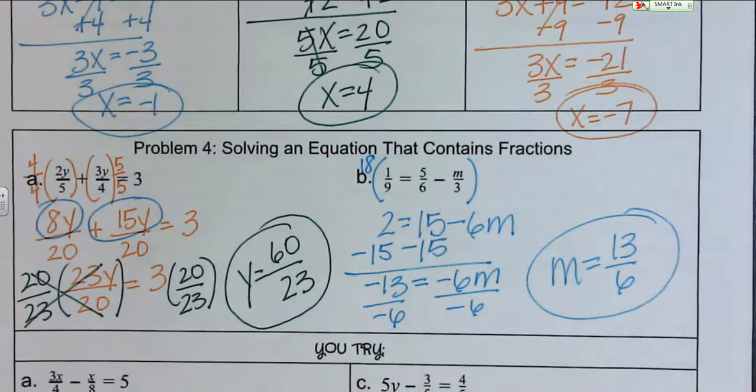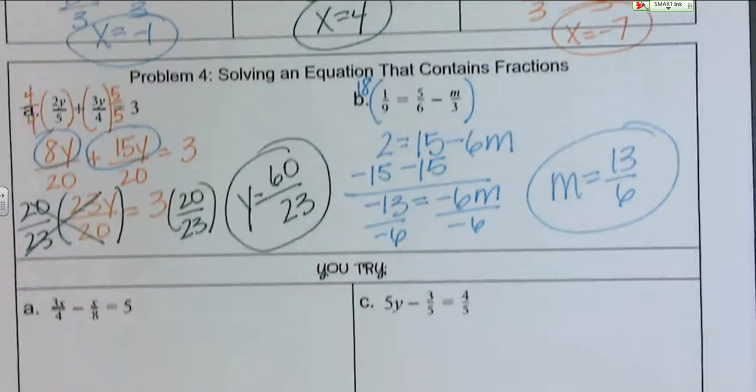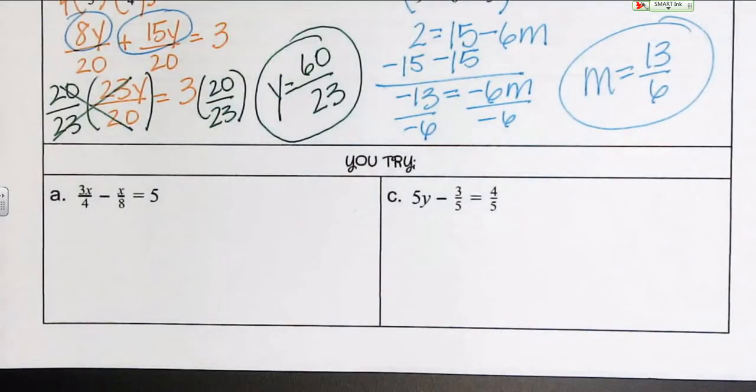Okay. All right, so letter A, I see that we can combine those like terms by getting a common denominator of 8. So we multiply by 2 over 2 using the identity property. And our x over 8 can just remain the same.